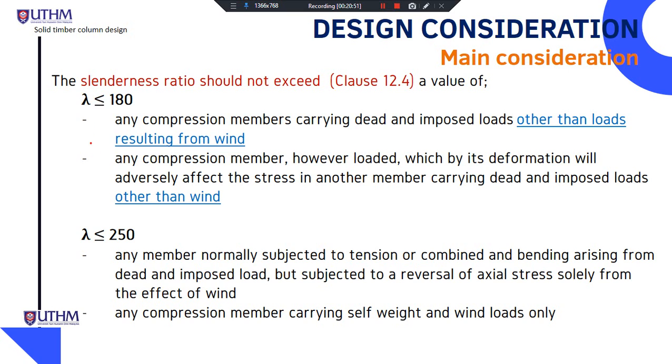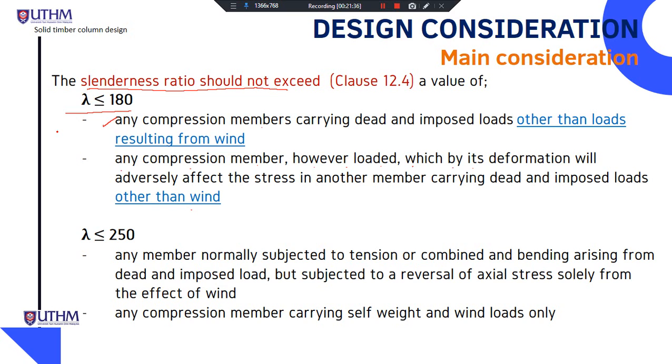So first, let's look at this condition. The slenderness ratio should not exceed 180 for any compression members carrying dead and imposed load other than load resulting from wind, and second, any compression member however loaded which by its deformation will adversely affect the stress in another member carrying dead and imposed load other than wind.